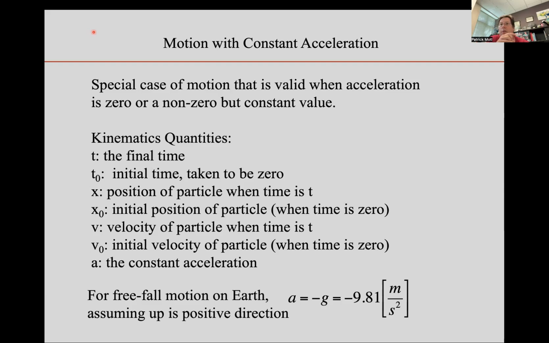So as long as over the span of motion we're interested in the effects of air resistance and air drag and other forces along those lines are insignificant, then you are in the regime of motion with constant acceleration. So most all of your sports ball games you can think of: basketball, football, baseball, softball, tennis, golf, and so on. To a good first approximation, that is motion with a constant acceleration.